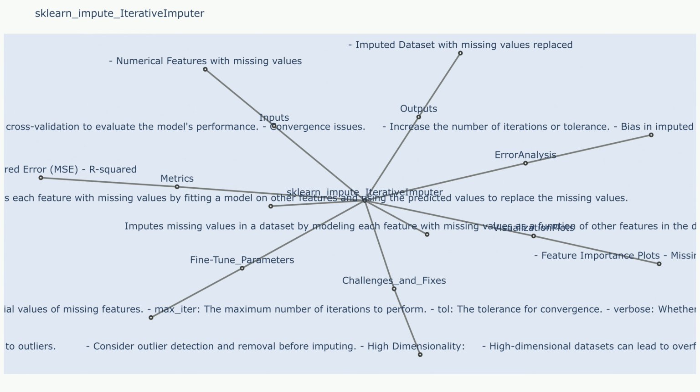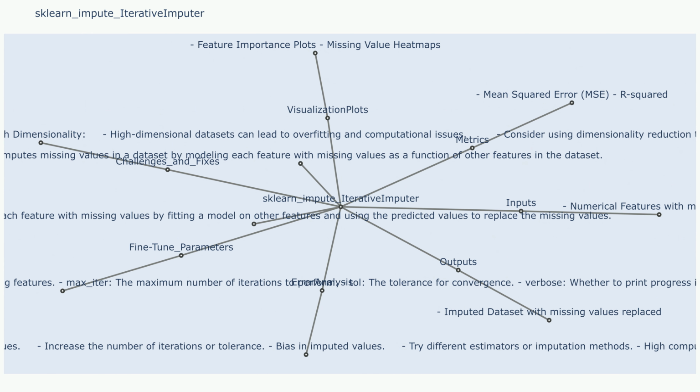Challenge 2. Computational cost. Sample use case that resulted in challenge 2: imputing a large dataset with many missing values, using a complex estimator and a large number of iterations. Fixes to challenge 2. Feature selection. Selecting only the most relevant features for imputation can reduce the computational complexity. Reducing iterations.